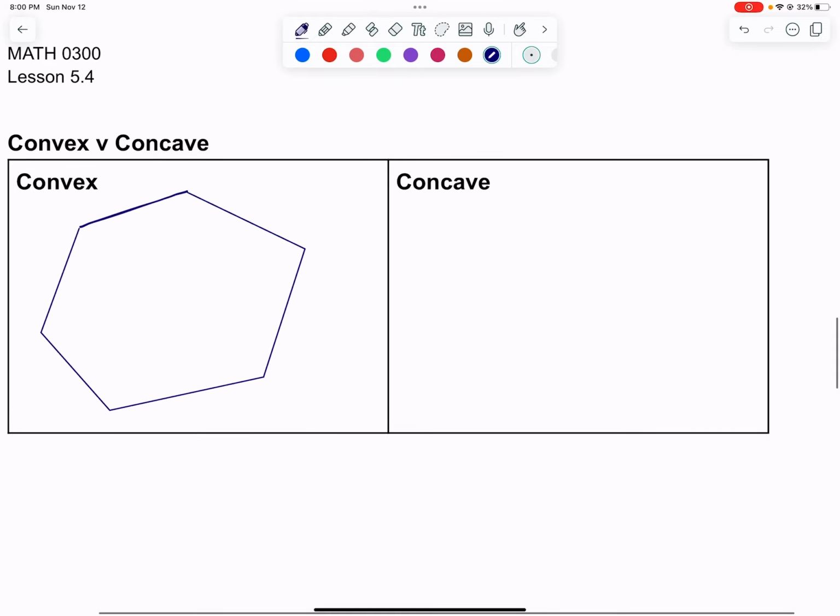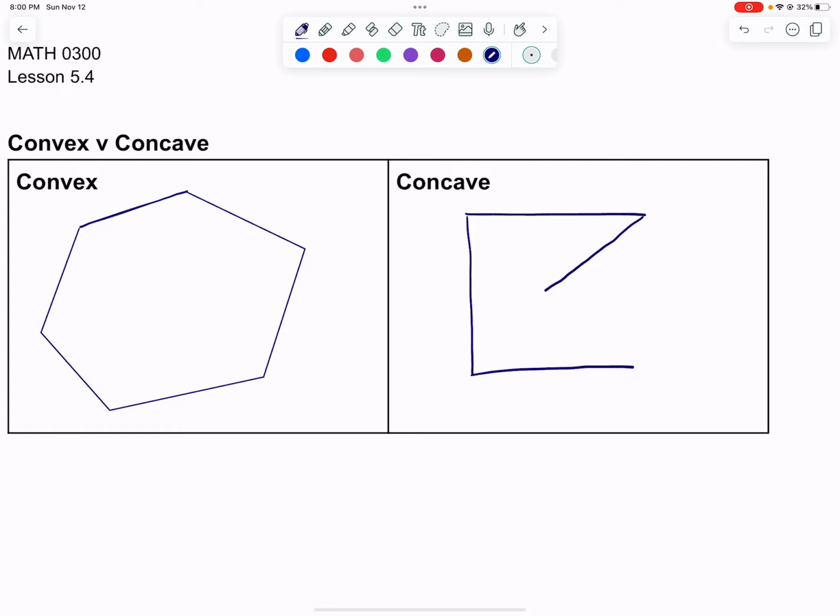Versus concave, think about a square. And you used your finger to put a dent in one side. It caved in.